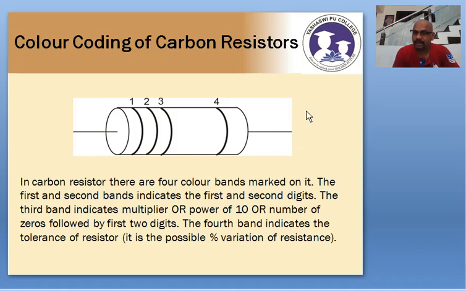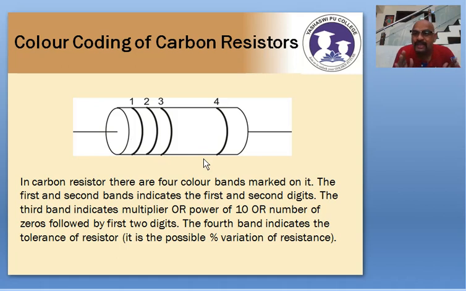And there will be four rings like this: ring number 1, 2 and 3, and ring number 4. By noting the colors of these rings, you can find the value of the resistor. So there are four rings, remember.